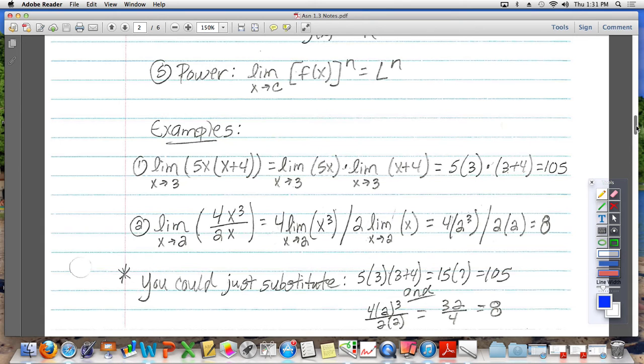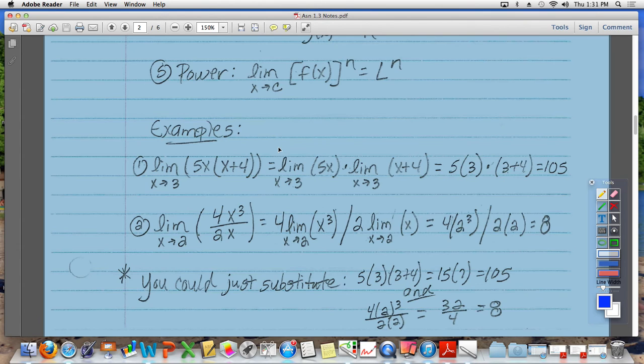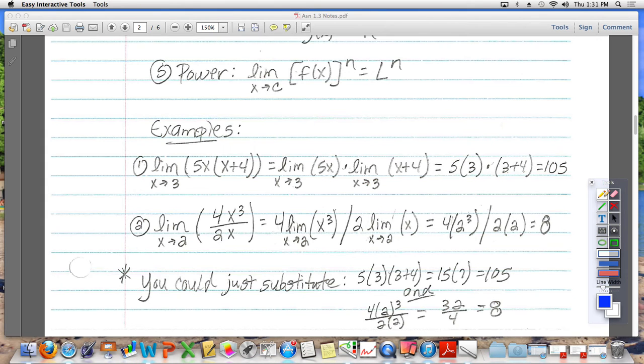All right, so I've written this out. We have the limit as x approaches 3 of 5x.